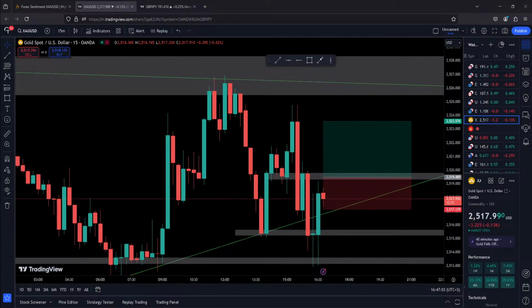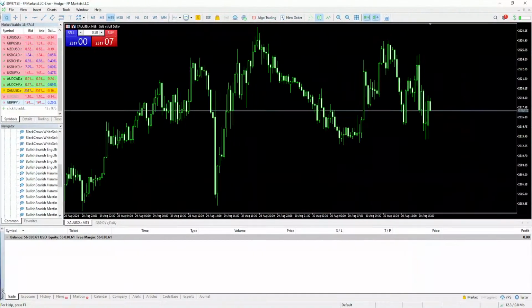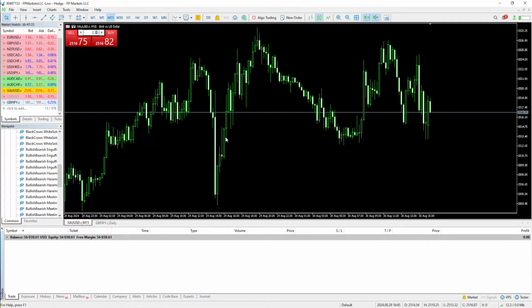So I can take a 4.6 lot over here. But this is not a normal trade, so I'm going to divide the lot size by 2. So 4.6 divided by 2 is, it will be a 2.3 lot trade.